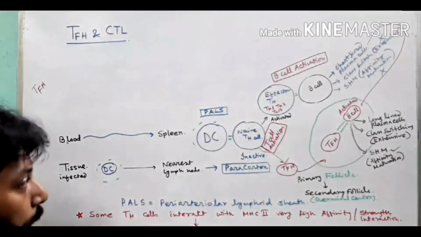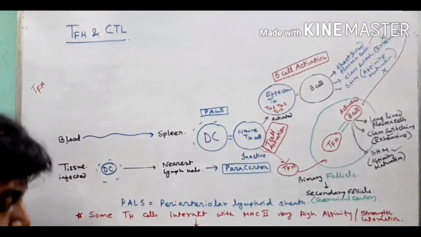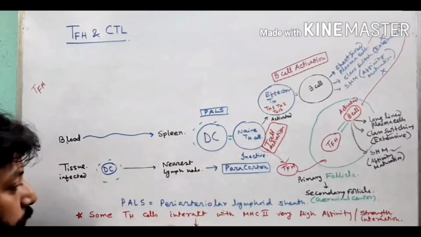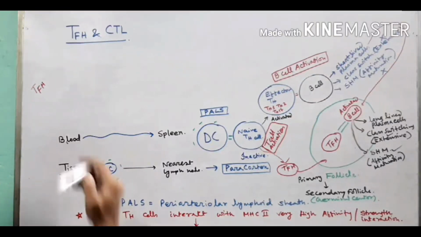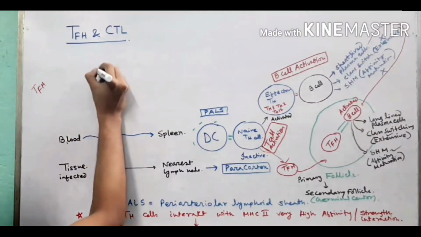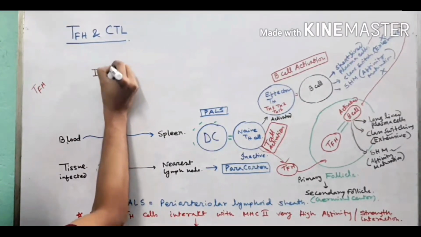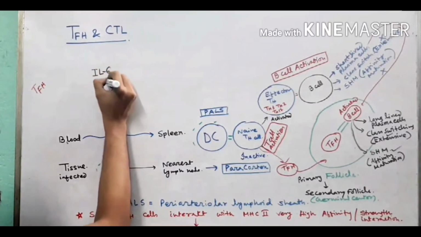Now I will tell you how T follicular helper cells are generated. The first thing is that they interact with the MHC2 molecule with high affinity. Another thing, some interleukins are responsible, like IL-6 and IL-21.